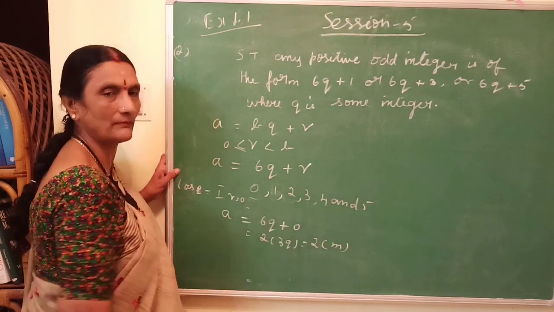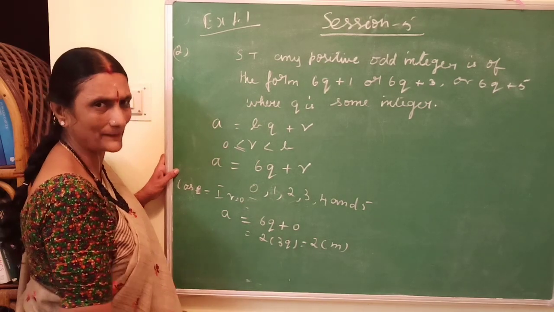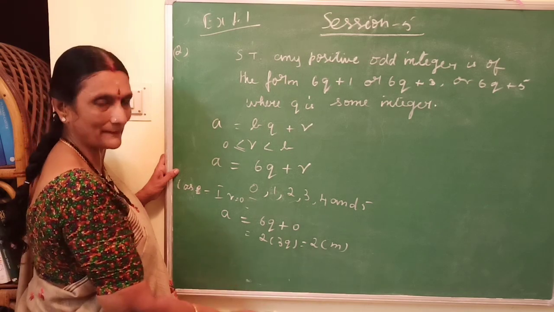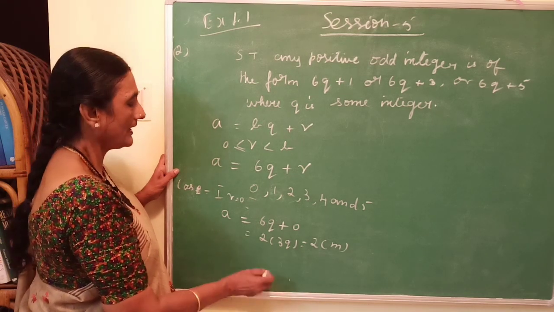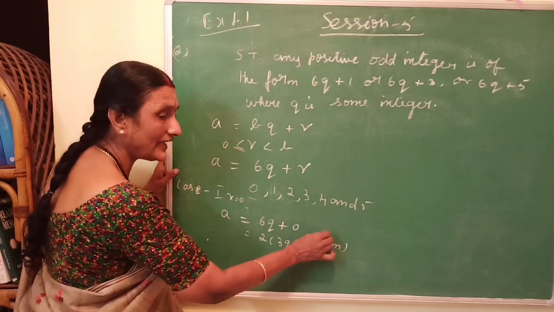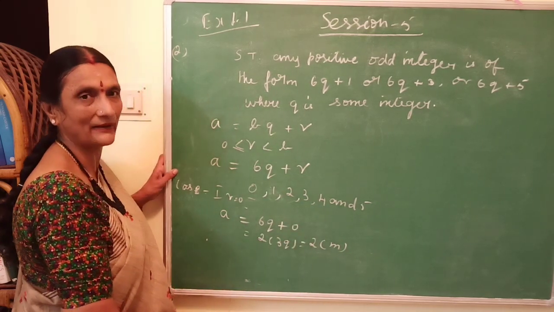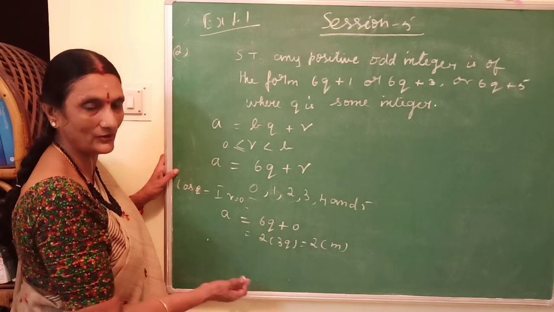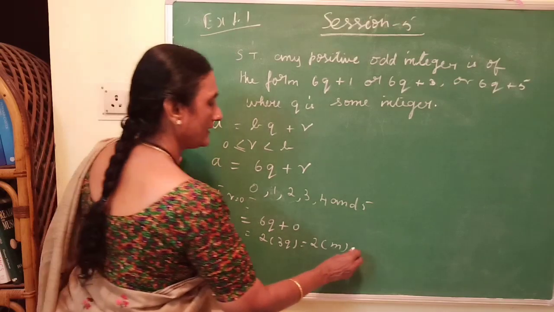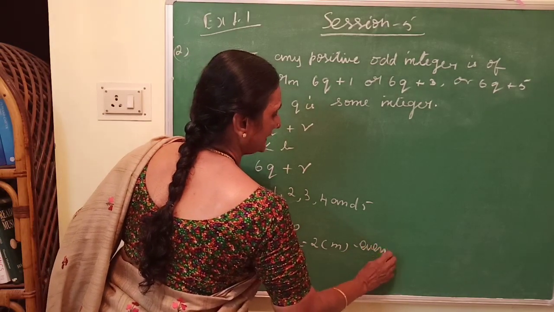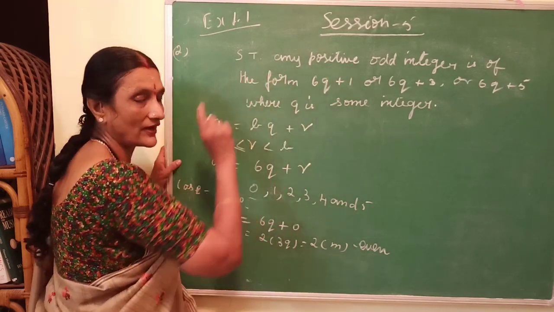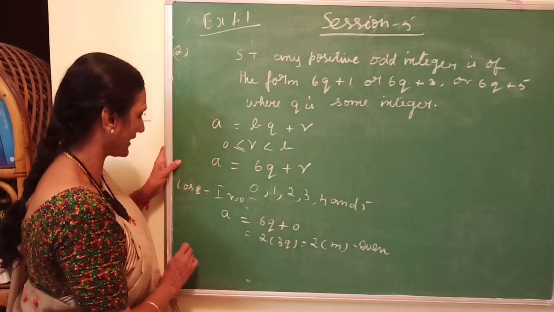We can say it is m. m is only a representation, you don't go by the value of m. It is 2 times some number. Therefore, what do you get? It is an even number. When you are able to write a number as 2 times some other value, it is a multiple of 2. Therefore, it is an even number. So this gives even, and I don't want this. My solution is for odd integer. Let us see what happens in the next case.